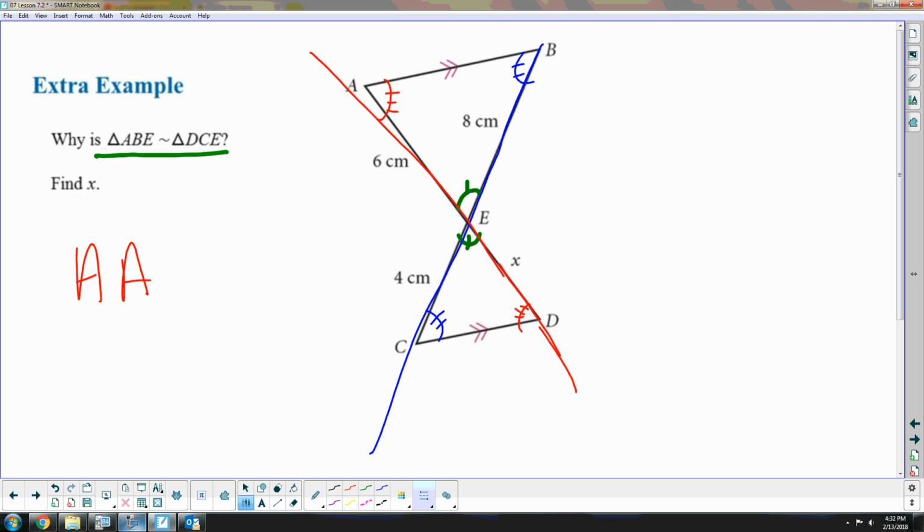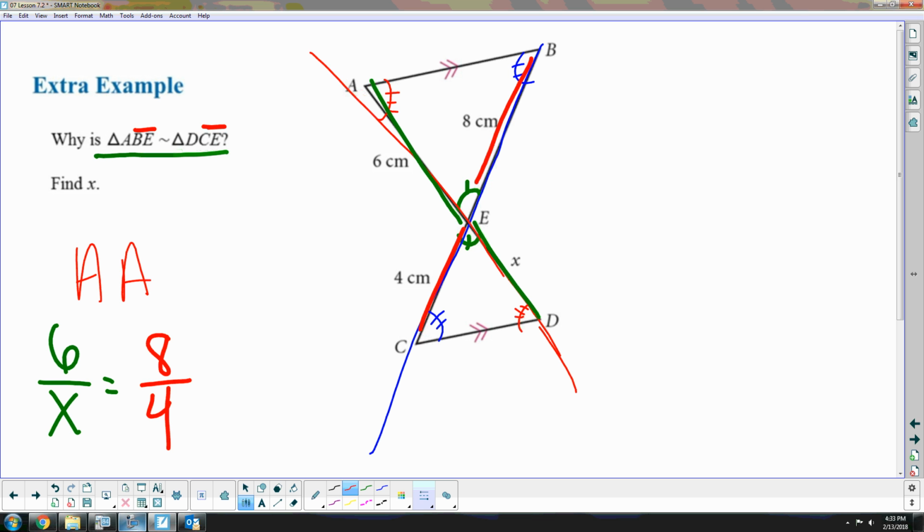So now the next question is, now that we know that those 2 triangles are similar, what is x? Well, 6 corresponds with x. So 6 over x equals 8 over 4. Now, if you're having trouble figuring out which sides correspond with which sides, look at the statement of similarity, which is how it's written.